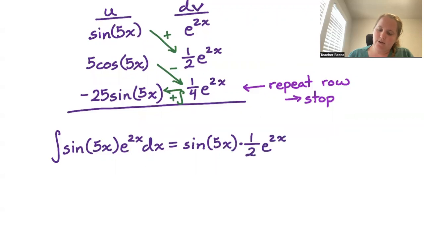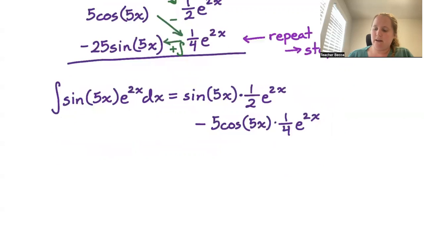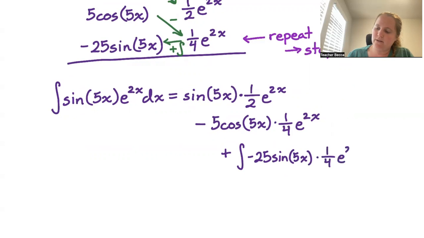Then we subtract off 5 cosine of 5x times 1/4 e to the 2x. And we add on the integral, which is a negative 25 sine of 5x times 1/4 e to the 2x dx.